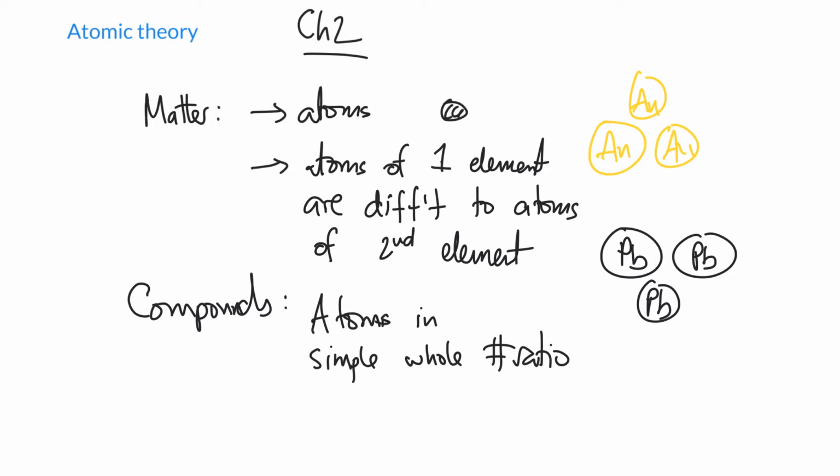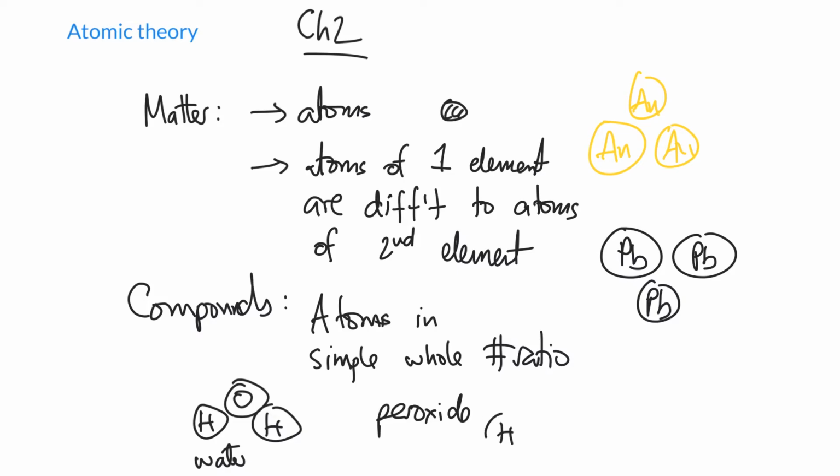So why does this have to be? Well, if you've got something like water, then you've got two hydrogens and one oxygen joined together. So this is a water molecule. This is a compound. If you have something like peroxide, peroxide is made up of two atoms of hydrogen to every two atoms of oxygen, something like that. And it's got to be a fixed number ratio, right? So you can't have 2.3 children.